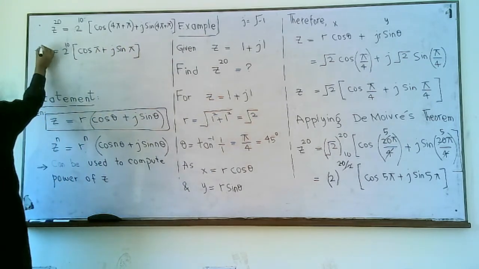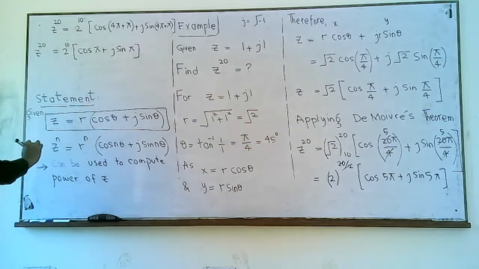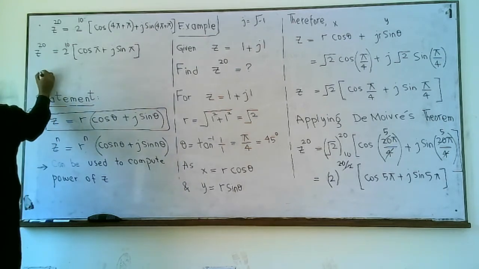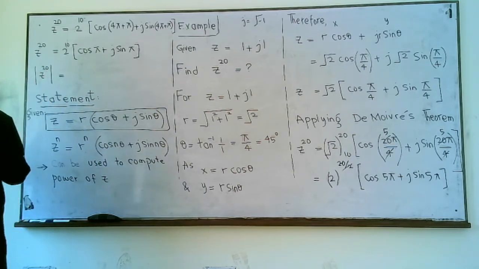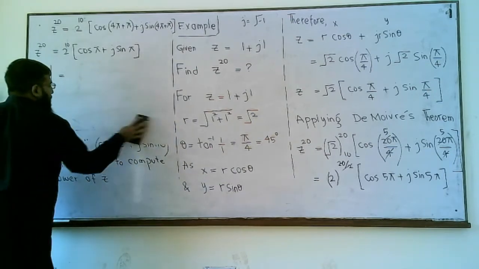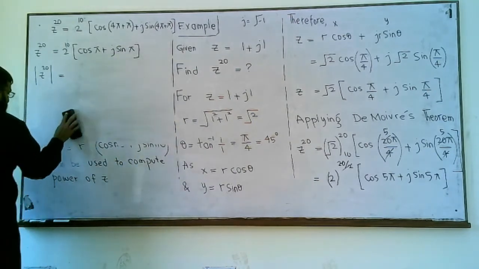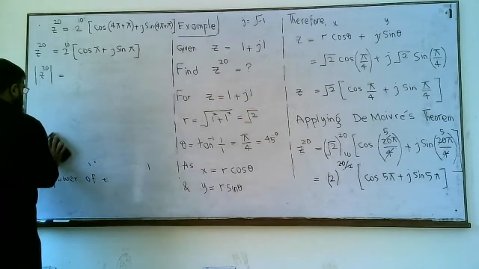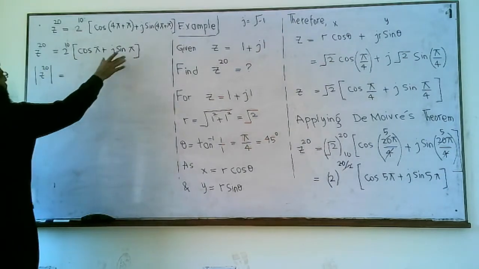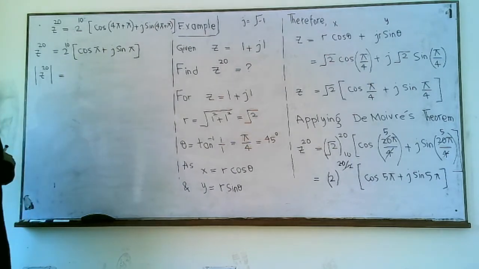So this is z to the 20. If you want to find out what is the magnitude of z to the 20, this is z to the 20 as a complex number represented in rectangular form, the real part, the imaginary part, right?